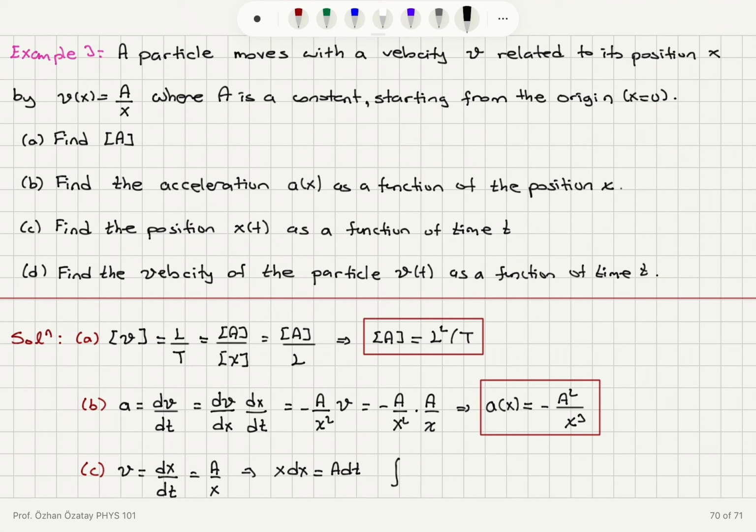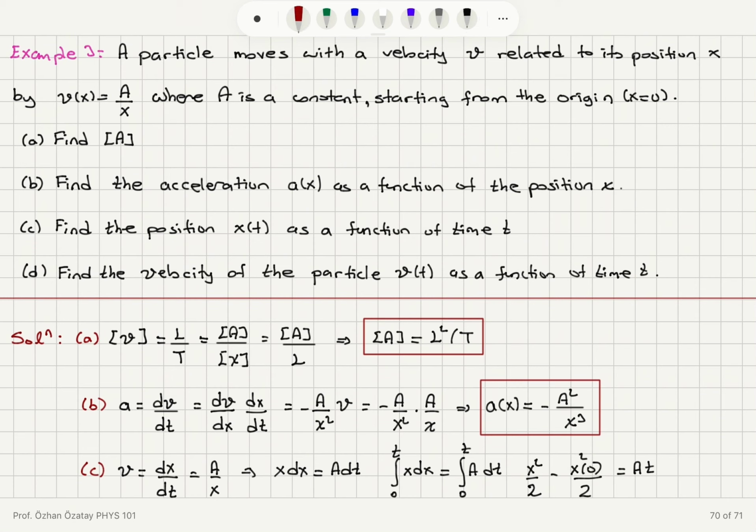So if I integrate this from 0 to time t, x dx integral from 0 to time t a dt, I will find x squared over 2 at time t minus x0 squared over 2, and the right hand side is at.